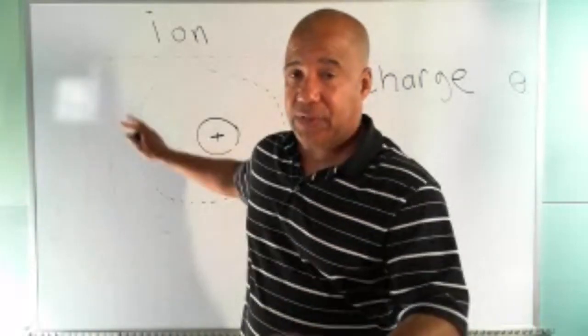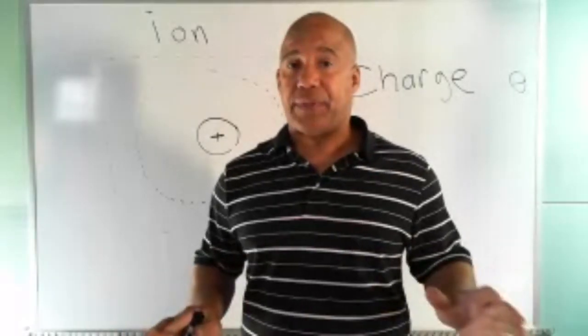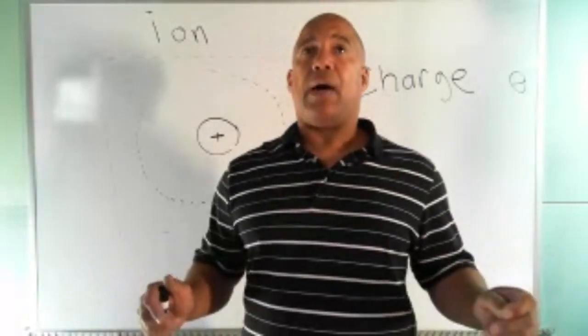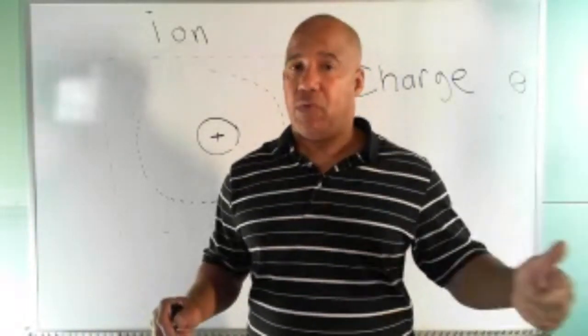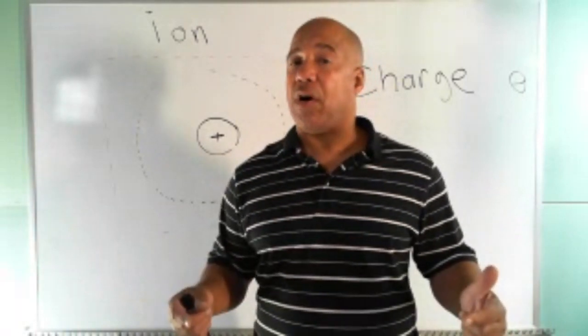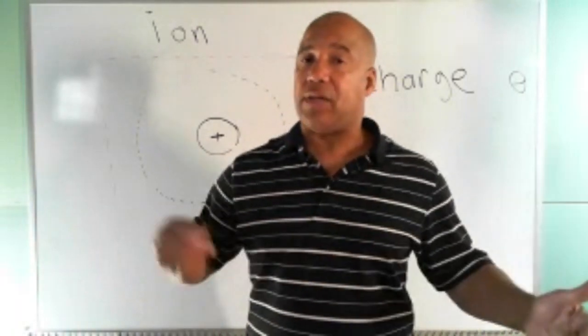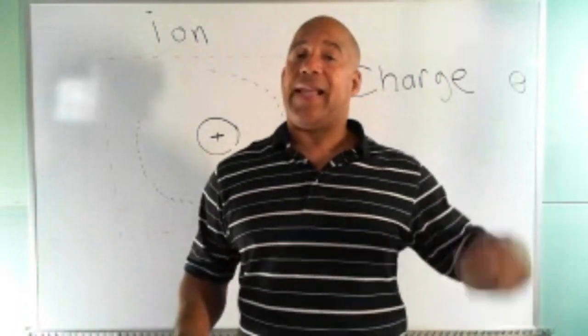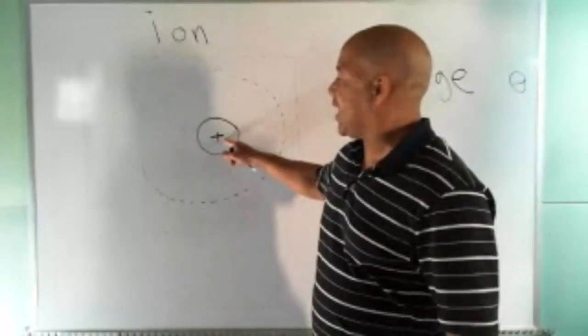So here's the thing. I've been talking for a few minutes now, but here's the important thing of what we just went over. This idea of charge. We know there's 2 types, plus and minus. We know that the charges are equal in magnitude, but opposite in sign. We know that we can use the term charge as a noun or a verb. And as a noun, it's something that these things possess.